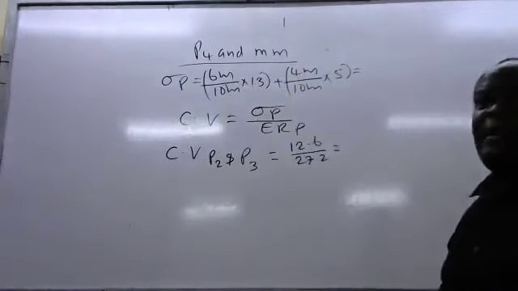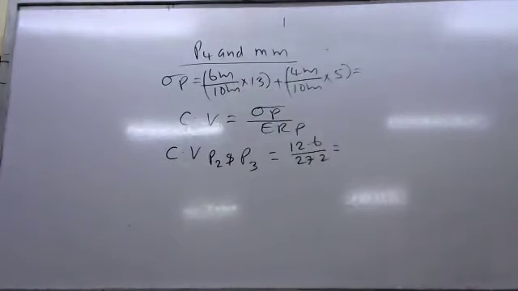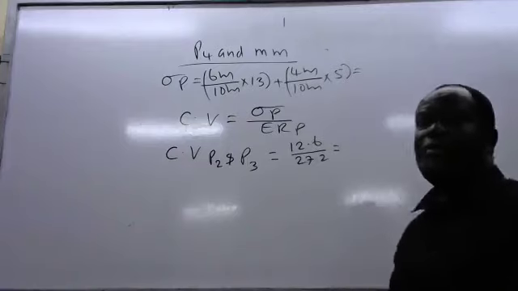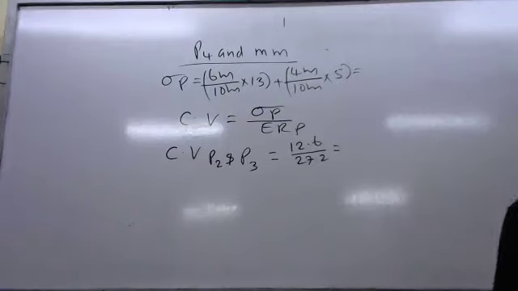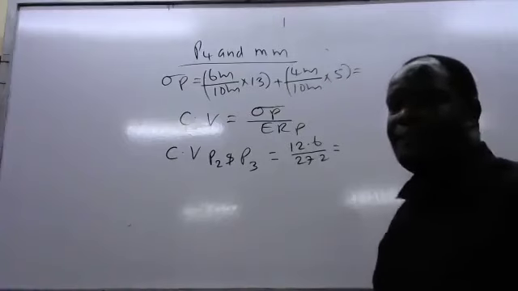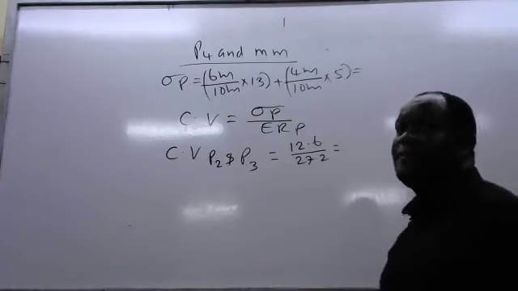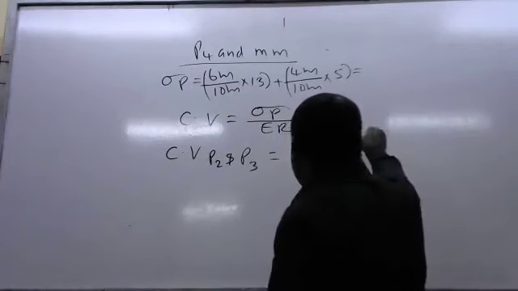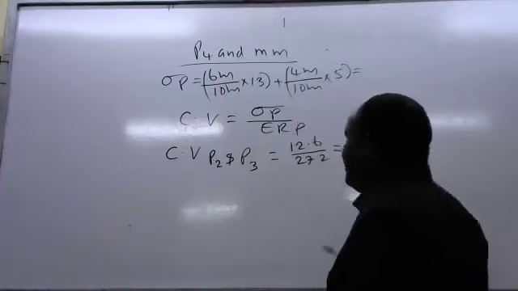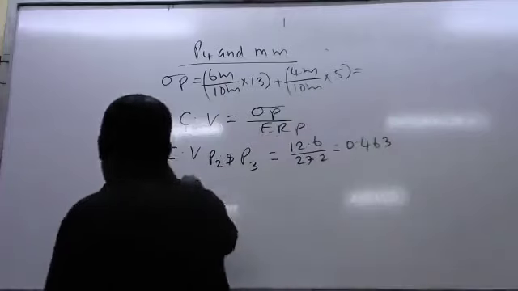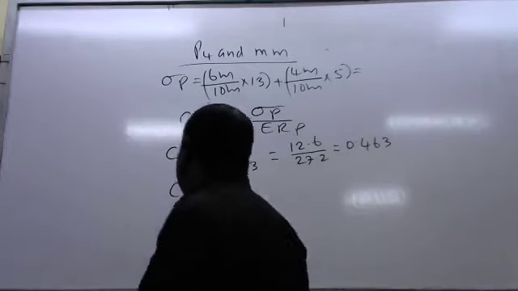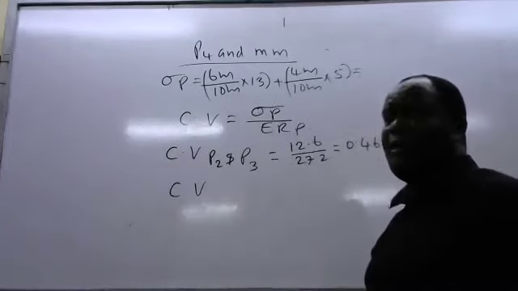You can round it off into 3 decimal places because some of them may be too close. So when it is 3 decimal places, it gives 0.463.